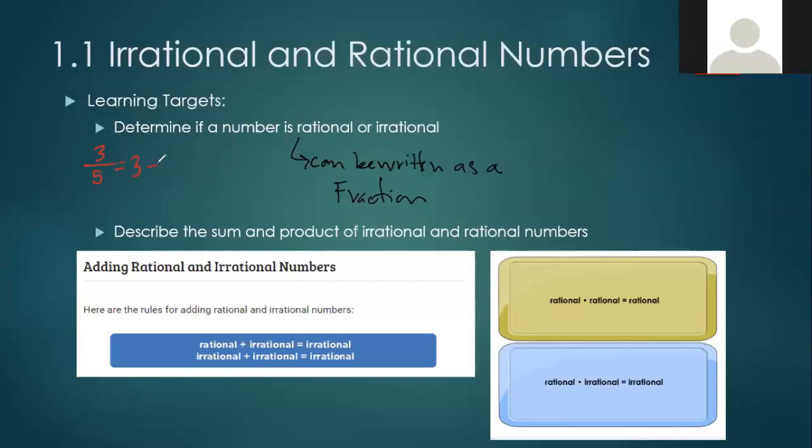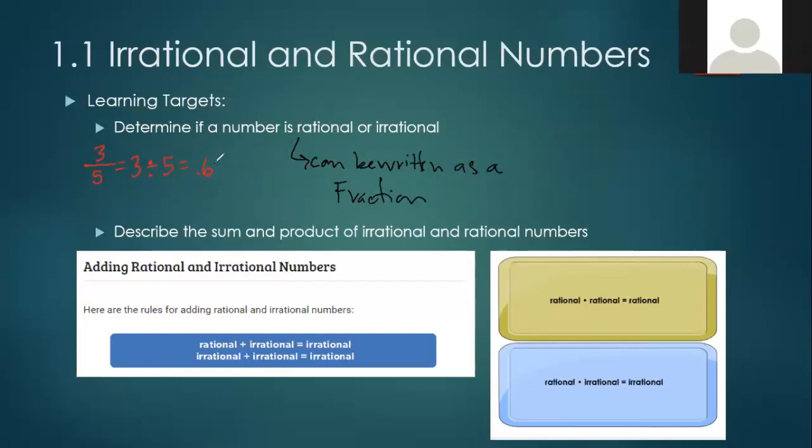You're going to take the numerator, you divide it by the denominator, and what do you get? All right, and we get our decimal. Good. So 0.6, or 6/10. So a rational number can be written as a fraction.